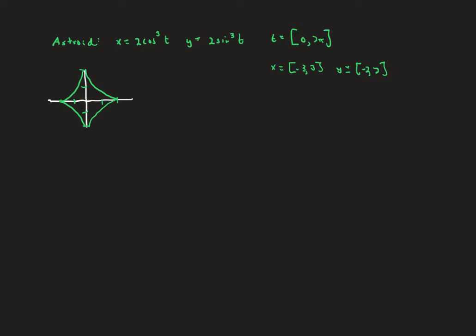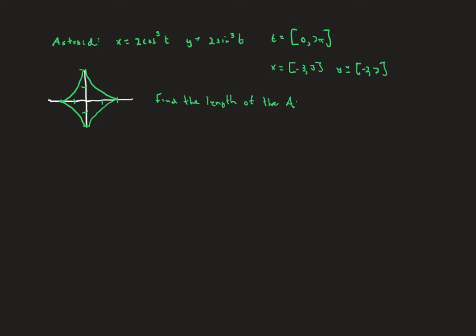Our challenge is going to be, can we find the length of that astroid? Find the length as if you walked all the way around, starting at one place, until you got back to the place where you started.